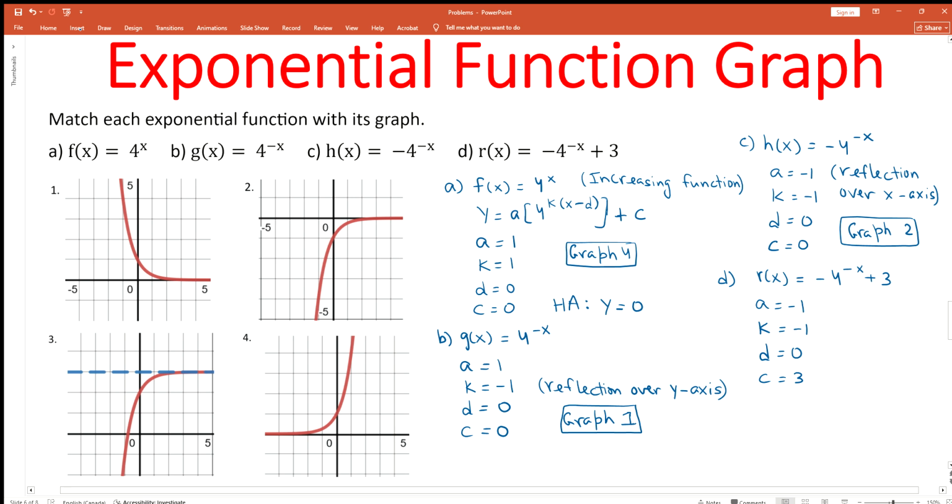As you may know, c results in vertical translation. The transformation due to c equals 3 is a vertical translation 3 units up.